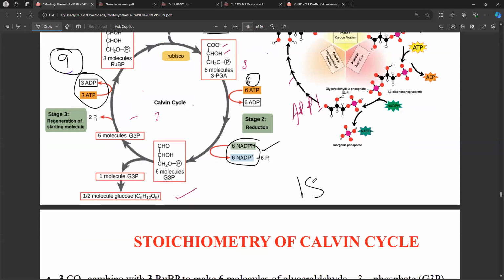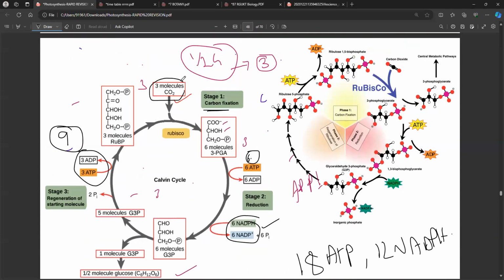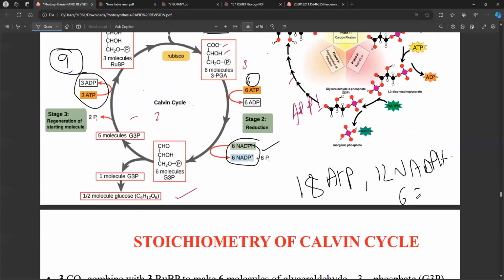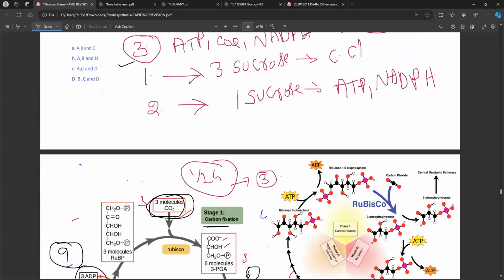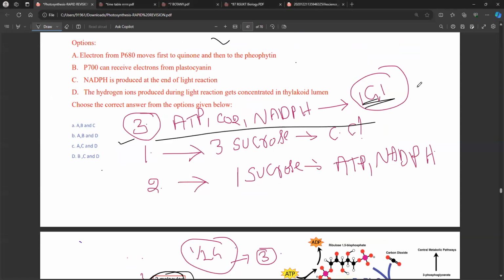So for 1 glucose, we require 18 ATP and 12 NADPH. For half glucose, we require 3 carbon dioxide, so for 1 glucose we require 6 carbon dioxide. So the answer is 18 ATP, 6 carbon dioxide, 12 NADPH.